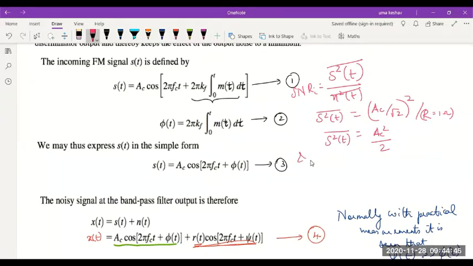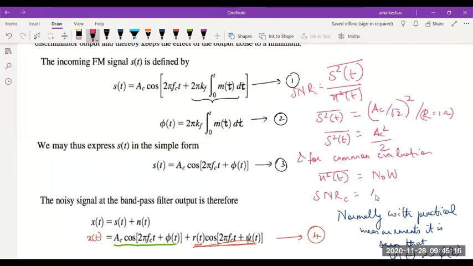And for common evaluation, what do we consider as noise power? For common evaluation or comparison, the noise power on the input side is always treated as N0 into W. Everywhere we have taken the same noise power. So what is SNRI or SNRC?